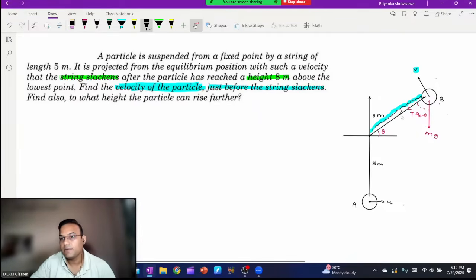I'll again make the components of mg: mg cos of 90 minus theta, and another one mg sin of 90 minus theta.